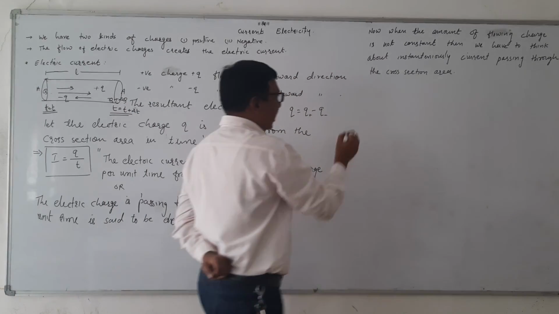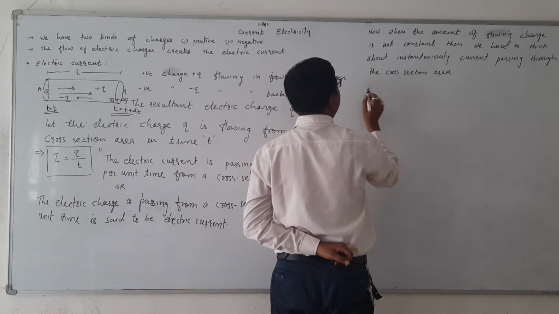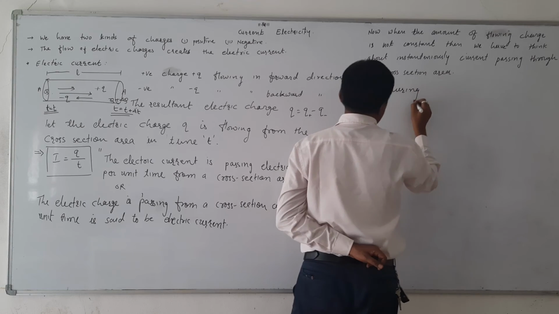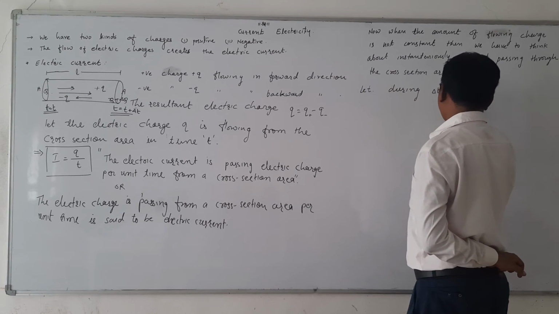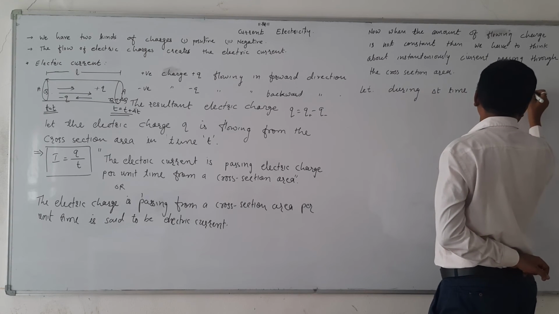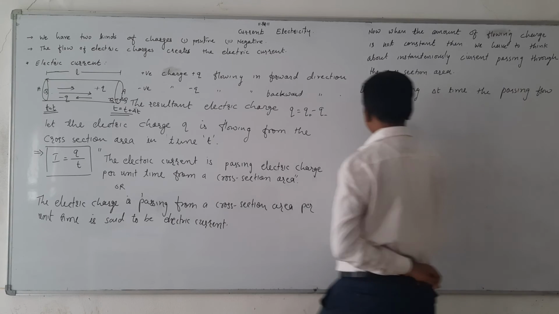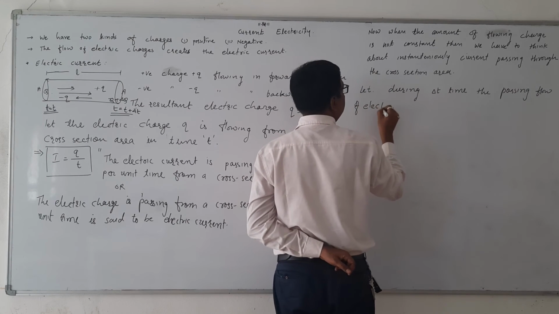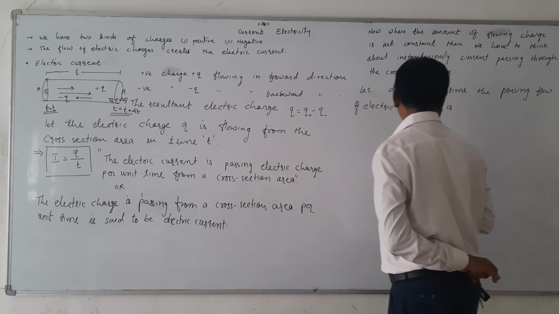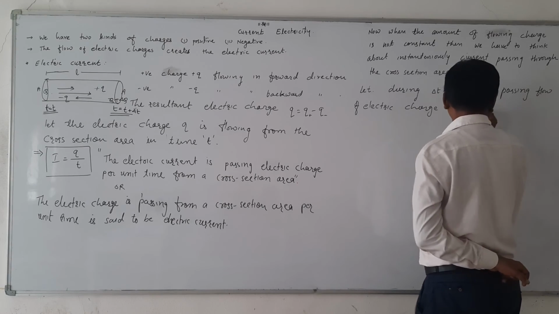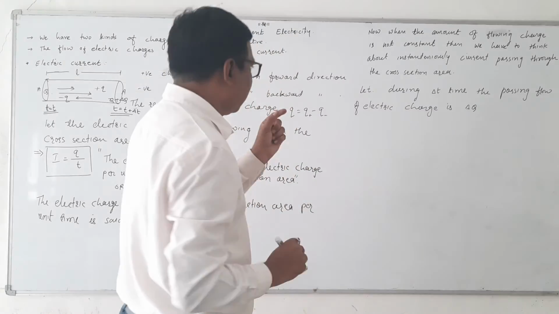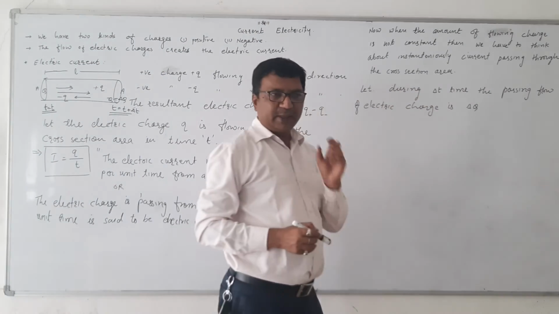That means during delta t time, the flow of electric charge is delta Q. We are taking a small amount of charge and a small duration of time.